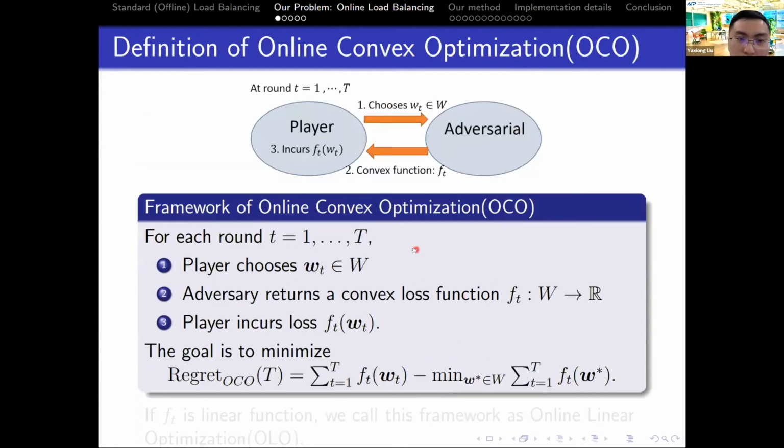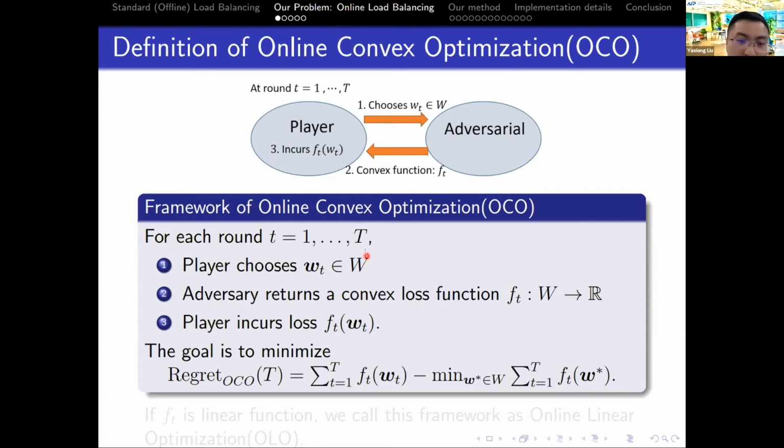So now I want to do some comparison between our online load balancing and online convex optimization, because it's a very central topic of our research team. The online convex optimization problem is also like online prediction problems. It is stated as follows.